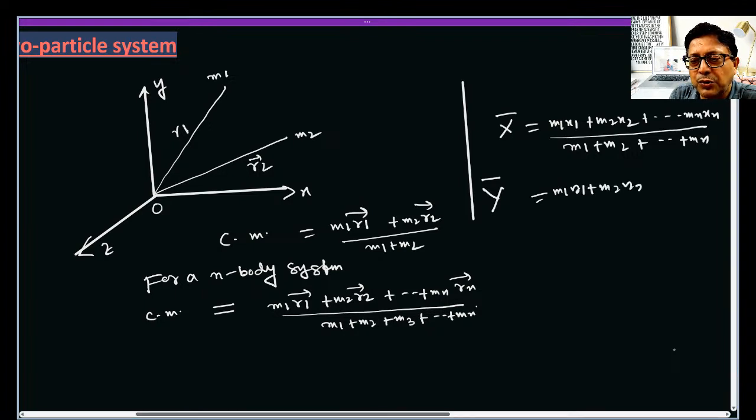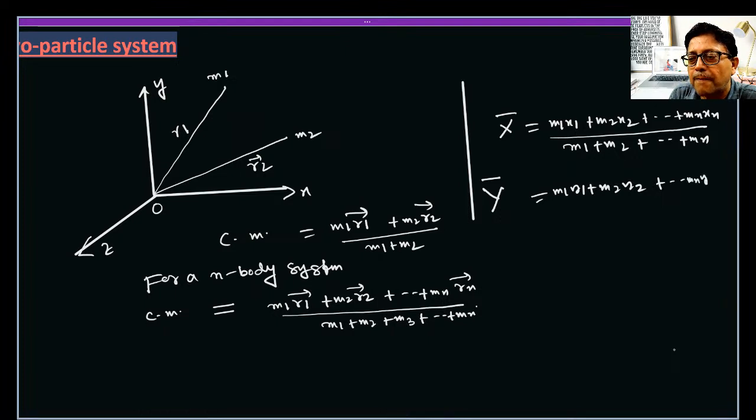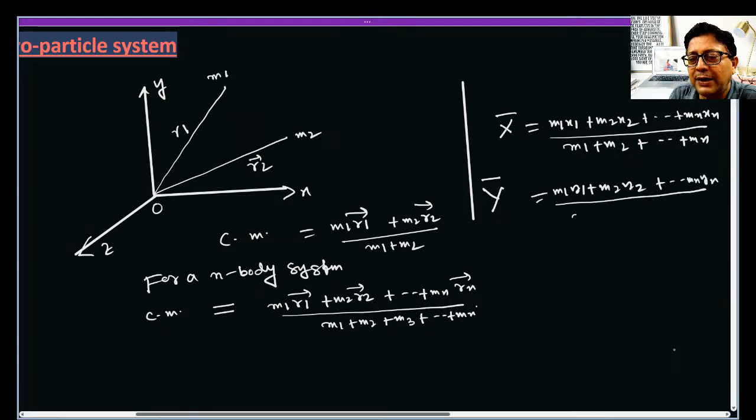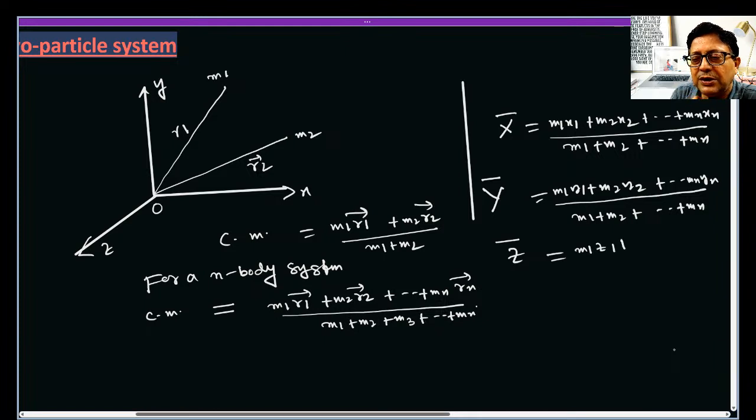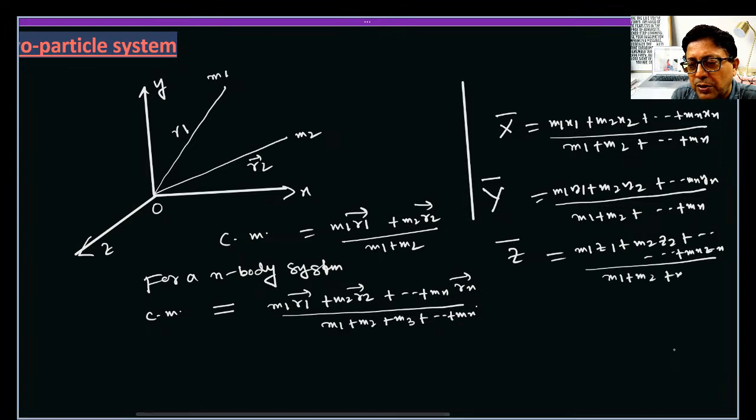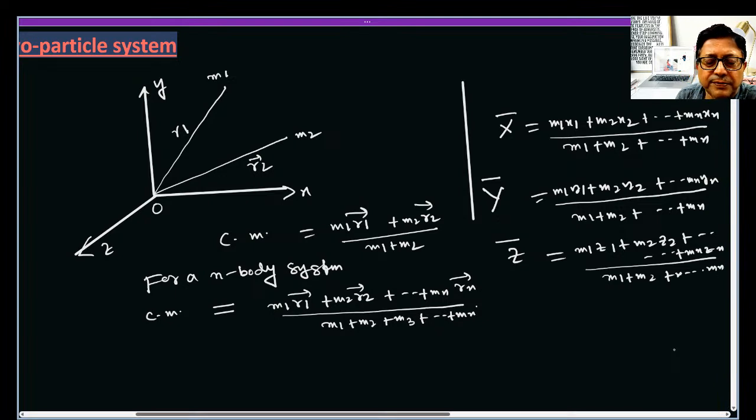M1 Y1 plus M2 Y2, this plus Mn Yn by M1 plus M2 plus Mn. Similarly we can define z coordinate also. This is M1 Z1 plus M2 Z2 plus Mn Zn by M1 plus M2, this way Mn.